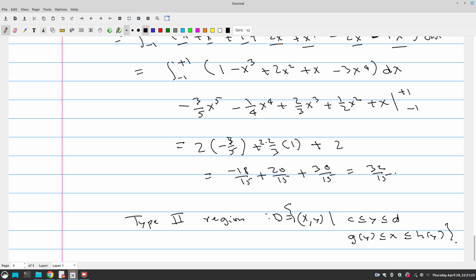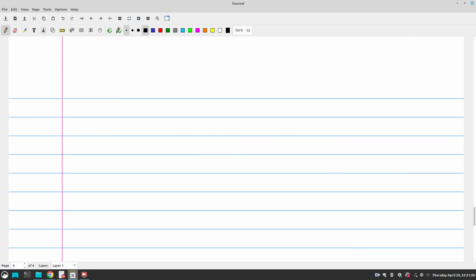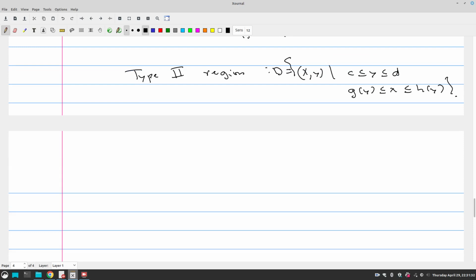So let's sketch a type 2 region. So a typical type 2 region looks like this.